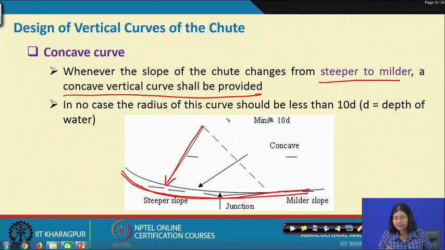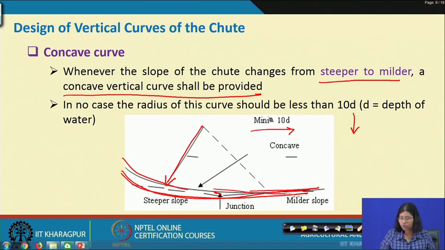In no case should this radius be less than 10d, where d is the depth of water here. The minimum curvature is given as 10d, and this is a steeper slope, this is a junction point, and this is a milder slope. So, it will gradually go like this from steeper to milder.